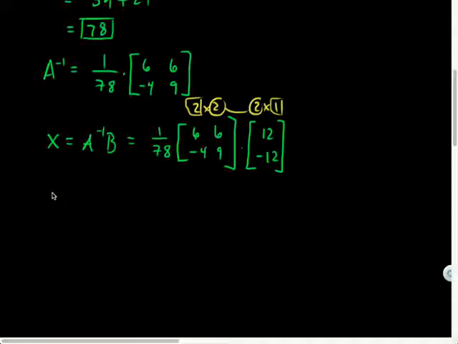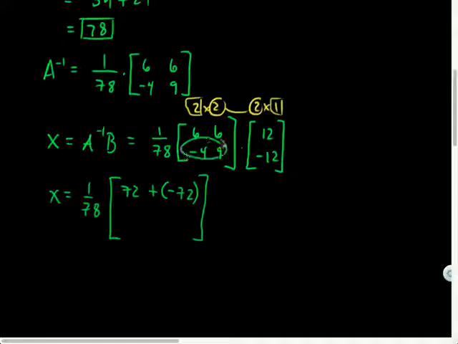So let's see. X is going to equal 1/78 multiplied by, let's do multiply row by column. 6 times 12, is that 72? Sounds right, 60 plus 12. And plus 6 times negative 12 is negative 72. Interesting outcome there.